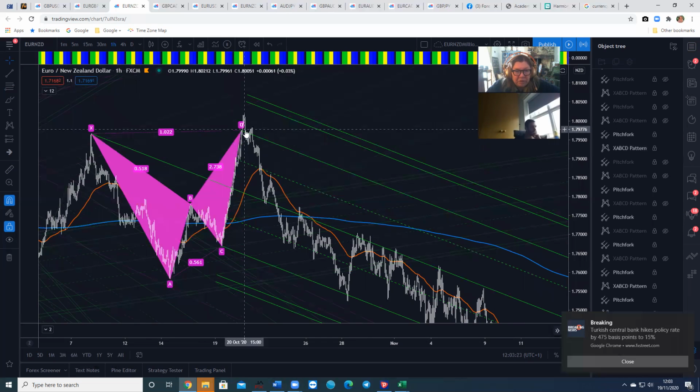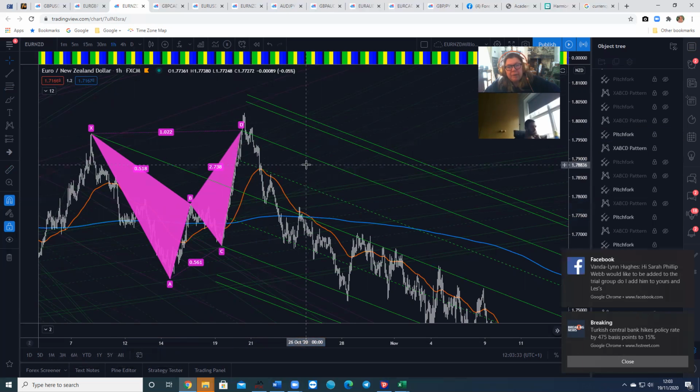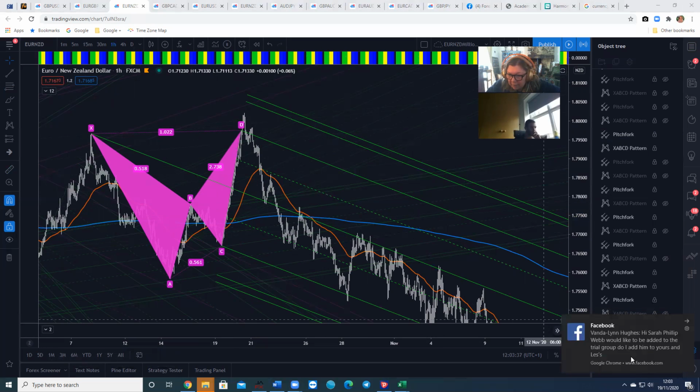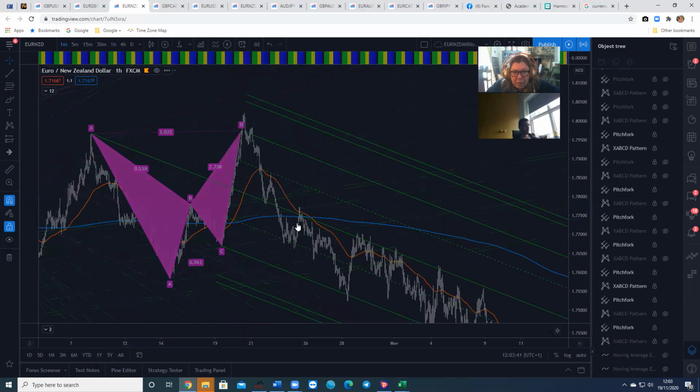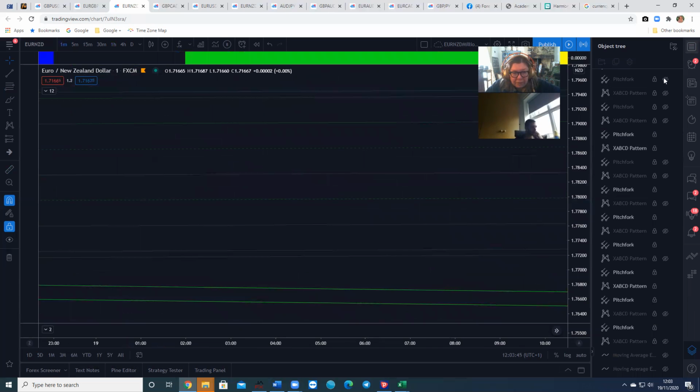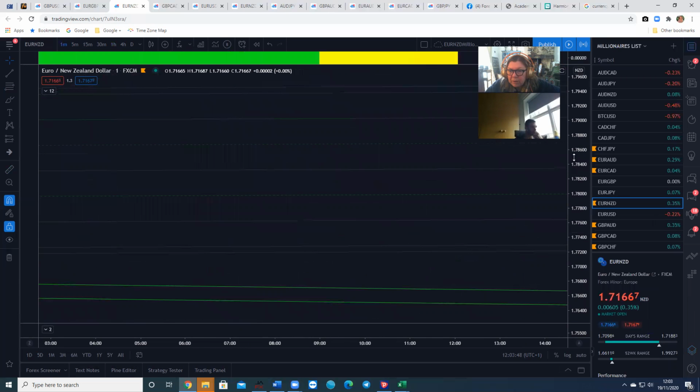But when I checked it, it wasn't. So I've always been slightly wondering about this pitchfork. Let me just come back down to the 1 minute. So that's the pitchfork I think I would have been working off. I seem to remember that was the last one.